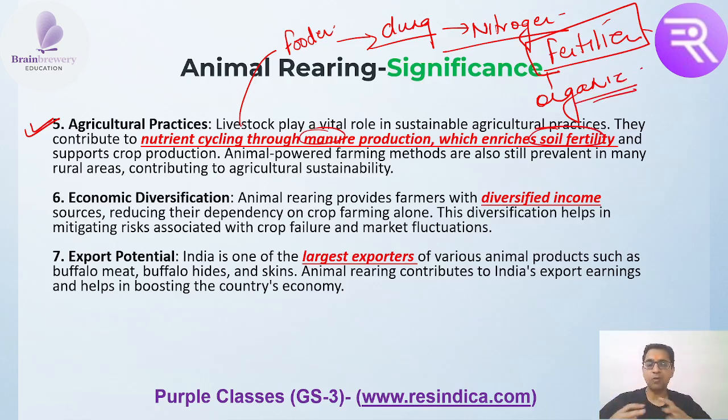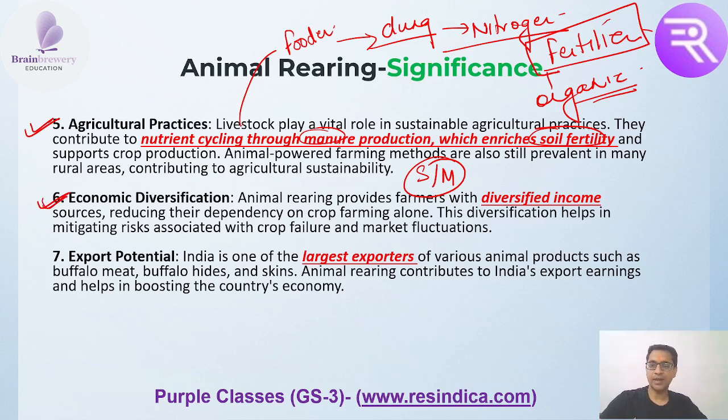And animal power, because animals have a very big weight, so the momentum and power of the animals is utilized for various purposes in the agriculture field, especially for draught purposes. Especially for small and medium farmers, animals are very important, right? Then economic diversification.